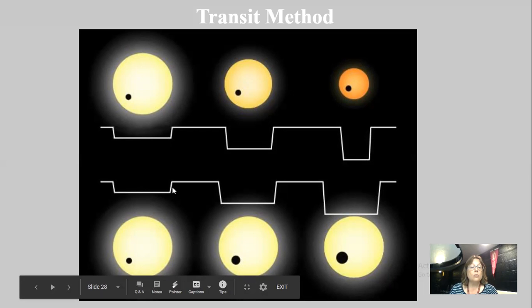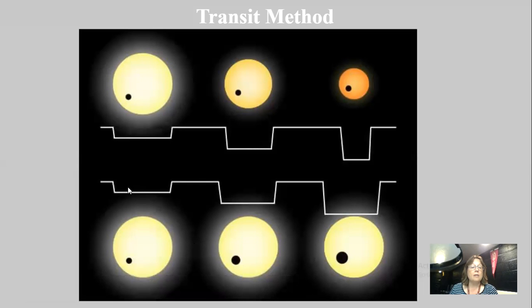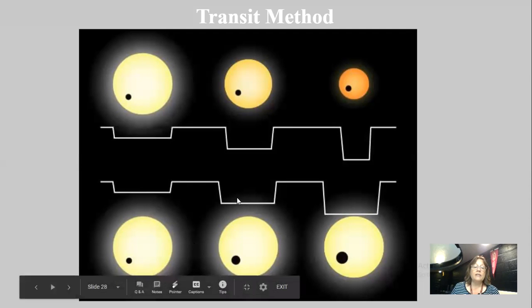So notice that the width of the graph is the same for all of them. That width relates directly to the size of the star. Notice that the dimming is least when the planet is smallest, and then the dimming increases as the planet gets larger. So the larger the planet, the more the dimming is created.